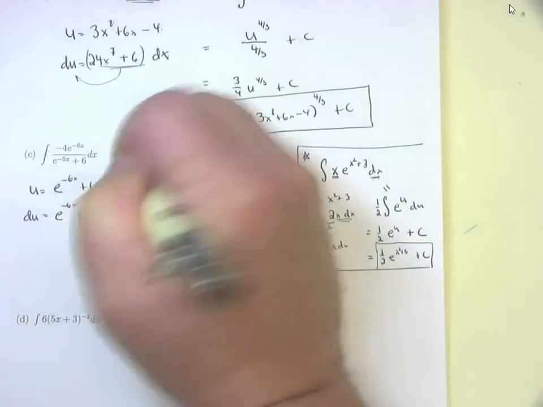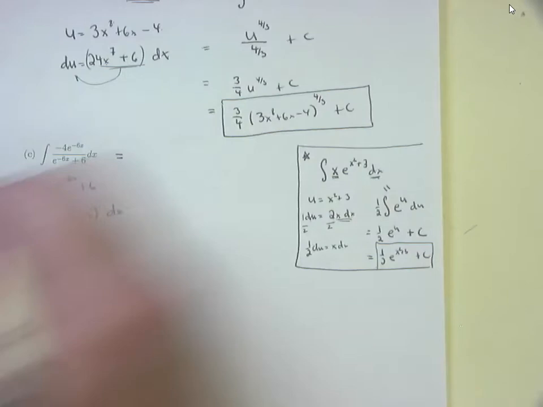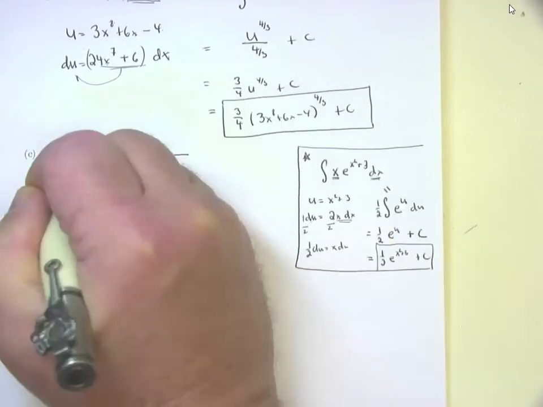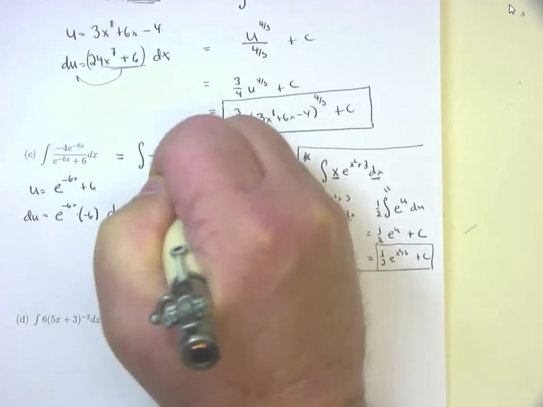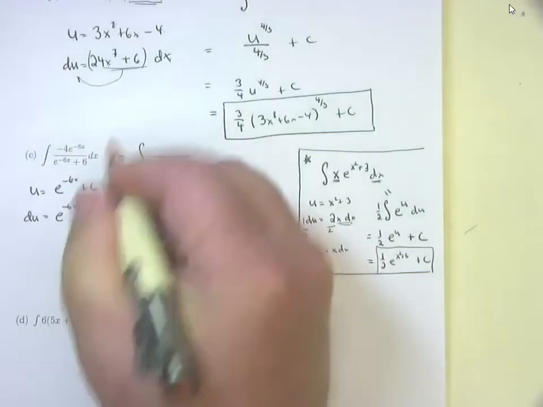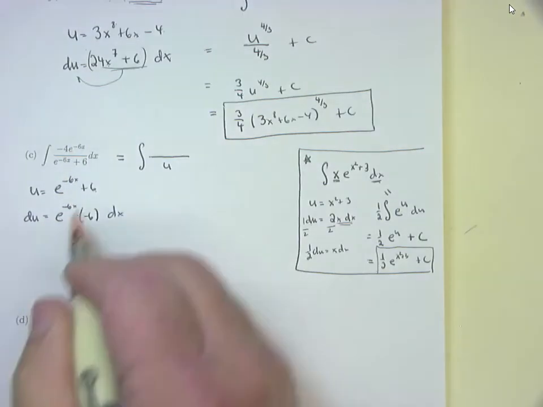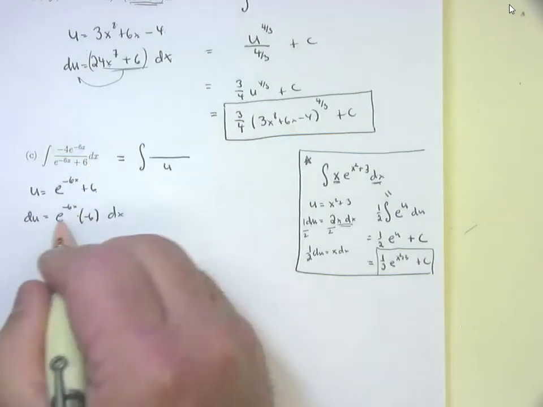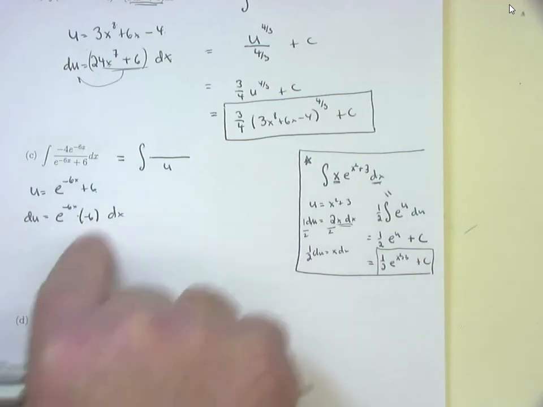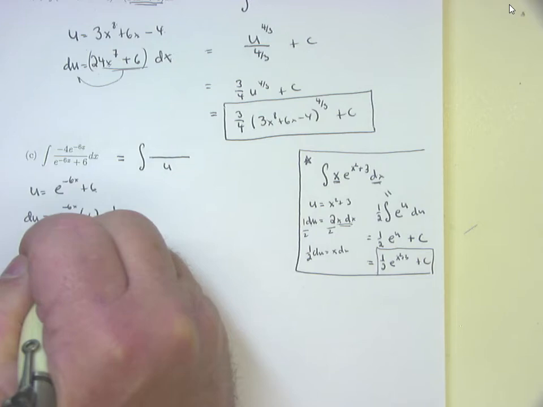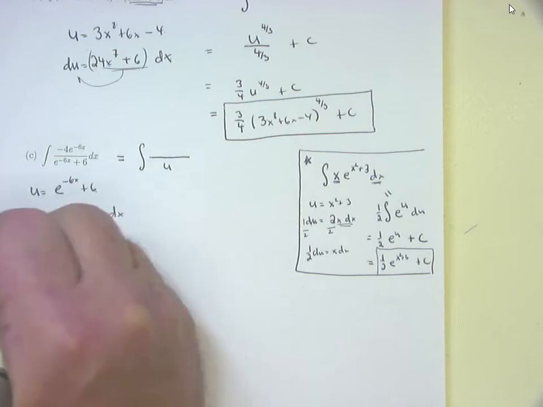So when you convert this over, this is an integral, this is division, this was u in the denominator. Now, if you look at this, you'll see there's an e to the negative 6x right there, and there's a dx part. So I'm going to solve for that. I'm going to move my constant, like I did over here, to the other side. This is being multiplied by negative 6, so I'm going to divide both sides by negative 6.